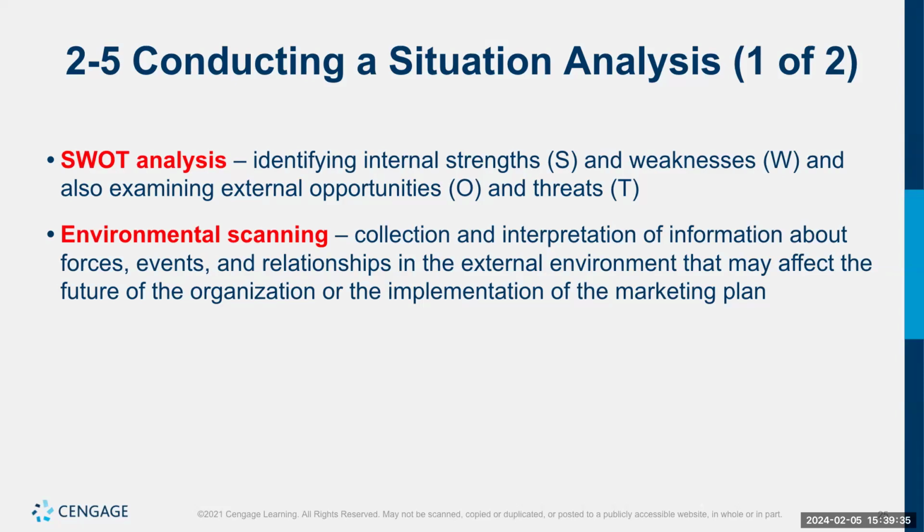The one thing that you also want to do when you're conducting a situation analysis is environmental scanning, which is a process of collecting, analyzing, and interpreting information about various forces, events, and relationships in the external environment that impact the organization's future or its marketing plans, or hinder the implementation of its marketing plans as well.